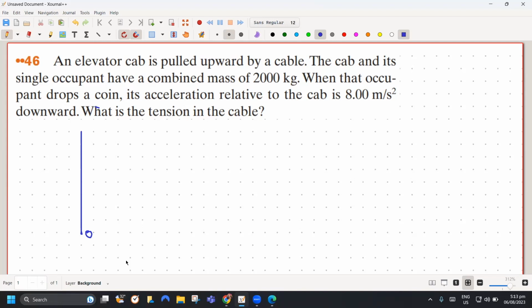Kasi i-relate natin yan eh. So ito yung magiging variables. Let X-cab be the position of the floor of the cab. Pakisulat.